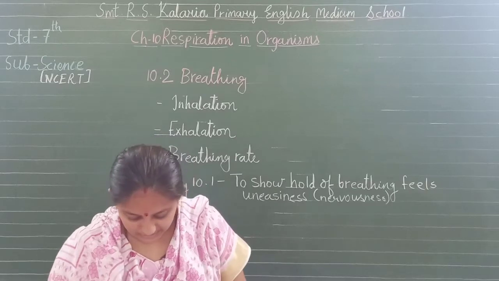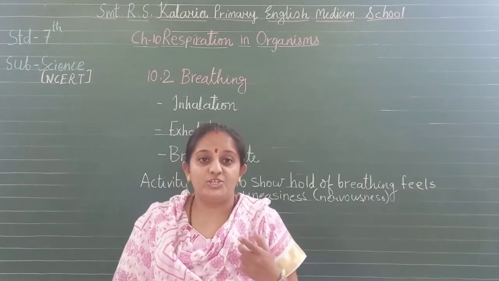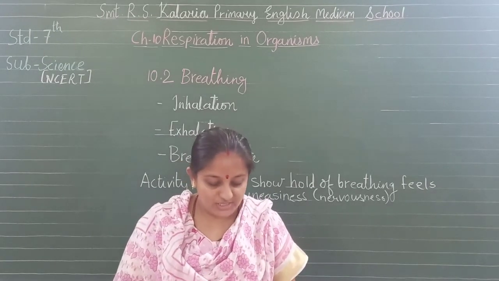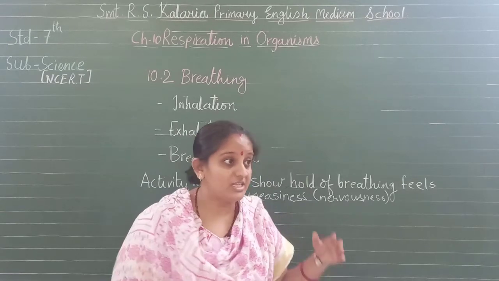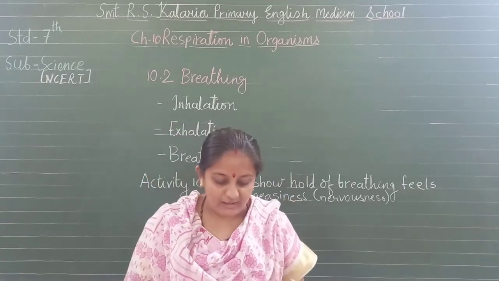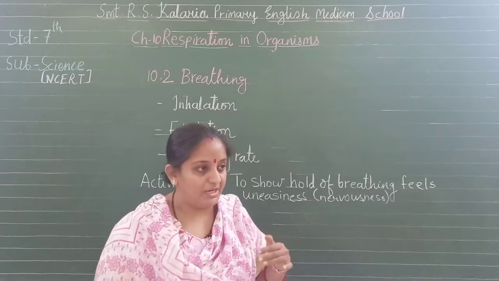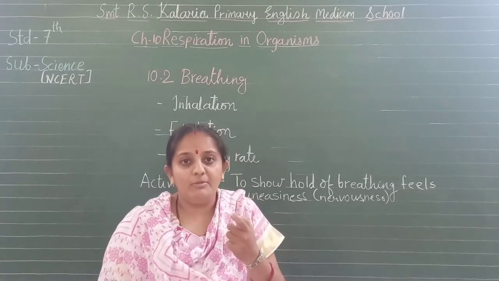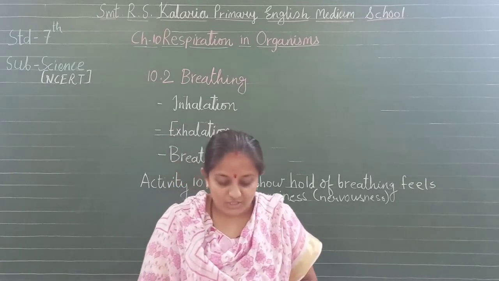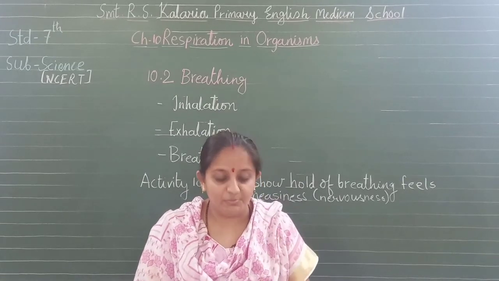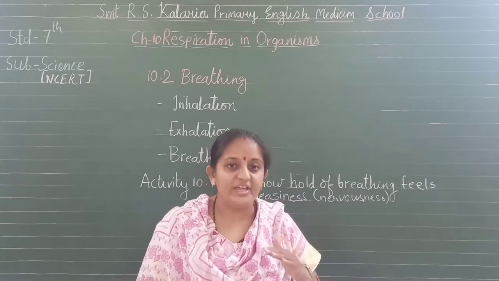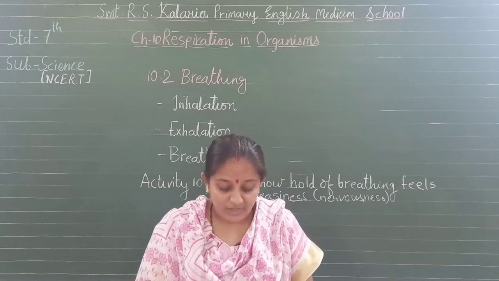These processes continue. Now what is the breathing rate? The number of times a person breathes in a minute. कितनी मिनट में वो कितना ब्रीथ करता है? The number of times a person breathes in a minute is termed as the breathing rate.